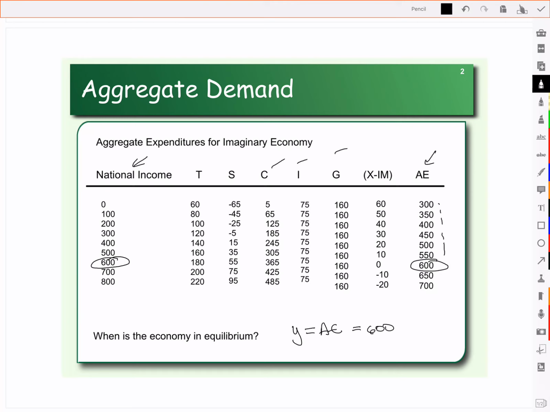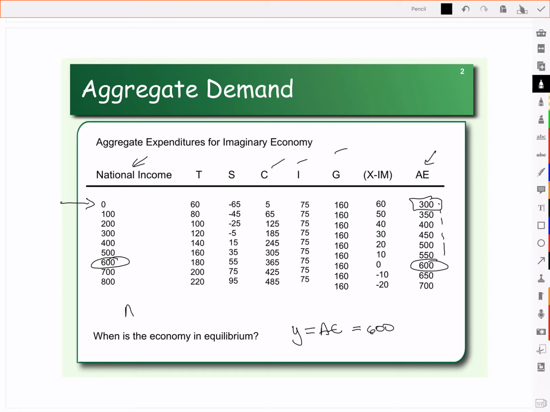Now, one more thing when we look at this table, and that is autonomous versus induced. So how much autonomous spending is there in this economy? Remember, autonomous spending is spending we do that does not depend on income. So notice here, when our income is 0, our aggregate expenditures are 300. So even when we have 0 income, collectively, we are still spending $300 on goods and services.